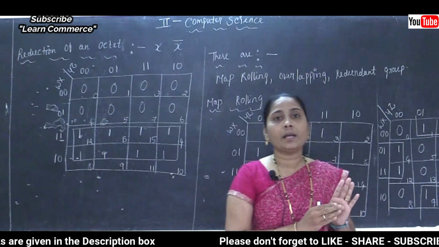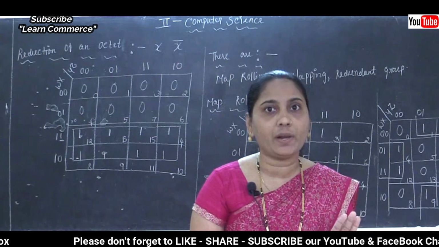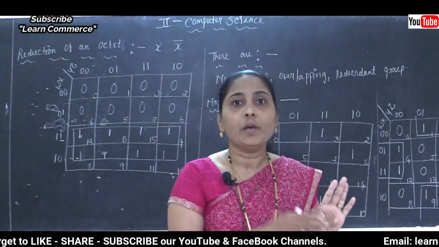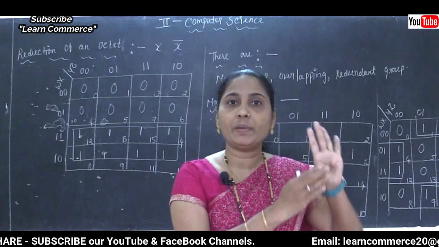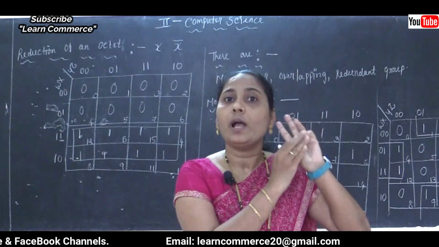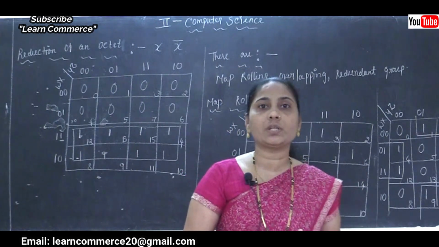Now let's check whether such a condition is applicable or not. We know that a pair removes 1 variable. We already proved this. Maybe 4 variables are there; while making the calculation, the final result will be in 3 variables, and the quad is the same.